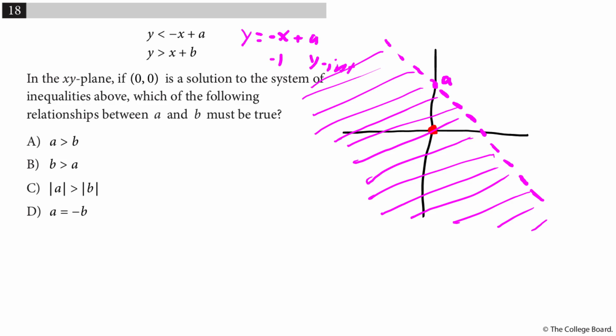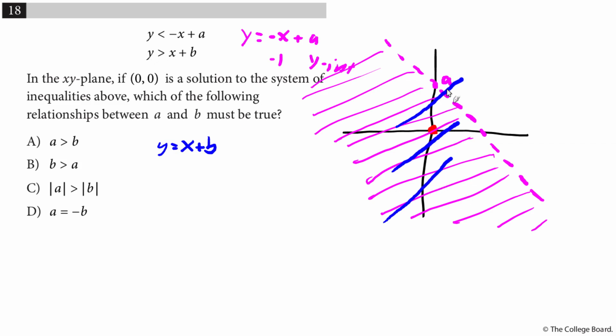Okay, now similar things. If I just look at y equals x plus b, this has slope +1 and y-intercept b. And so those lines would look like this. There's an example if b is negative, if b is less negative, if b is positive. And I want to consider things above, greater than, this line, not actually on this line, but above this line.